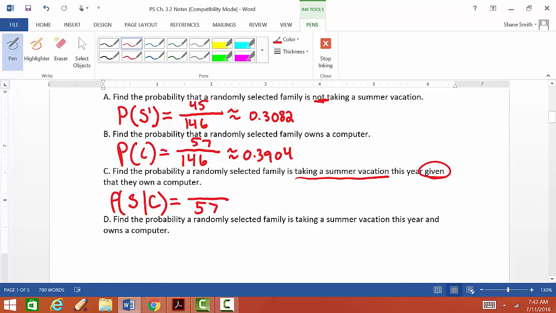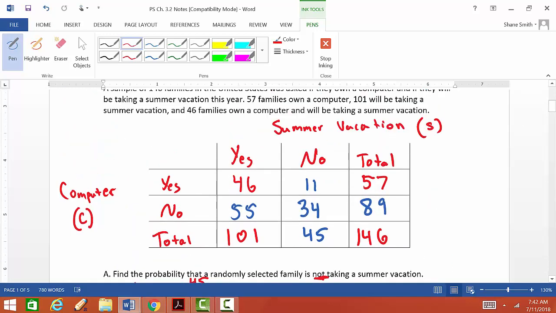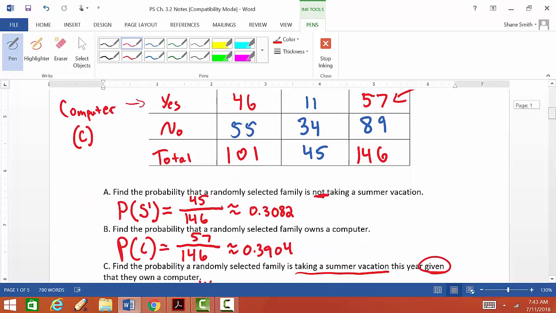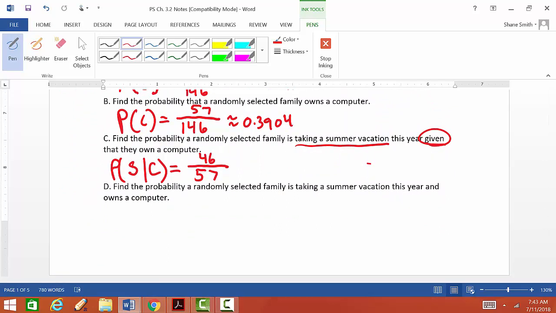And of those 57, 46 have gone or will go on a summer vacation. So all we're doing is looking at this row here. 57 is the number of people who do own a computer, and we are just looking at the 46 of the 57, not the 146, because again, we're given that they own a computer.